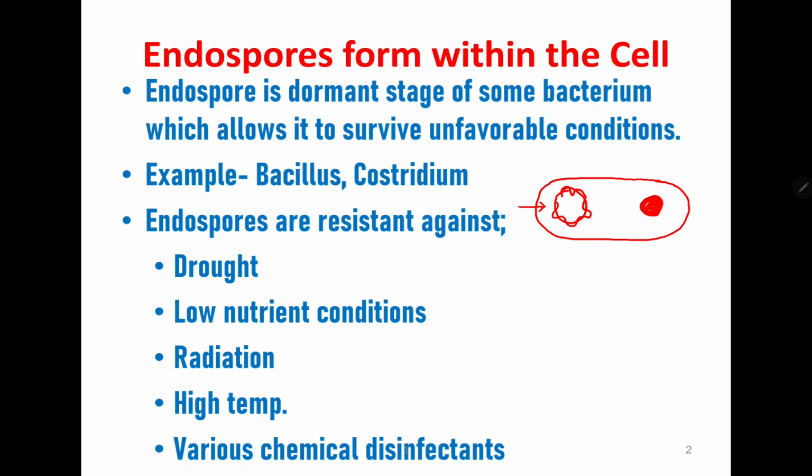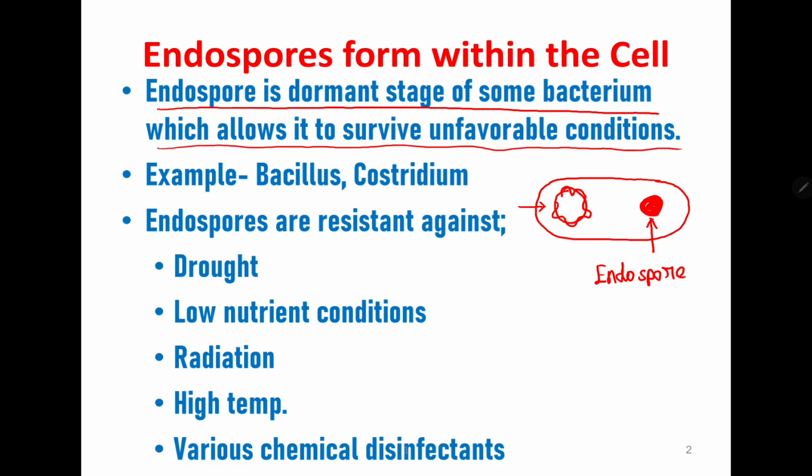Some kind of resistant stage they will form within that same bacterium in the unfavorable condition, and this dormant stage is called endospore. So what is endospore? Endospore is the dormant stage of some bacterium, not every bacteria, which allows it to survive in unfavorable condition. So it's very clear that endospore is going to form in the unfavorable condition.